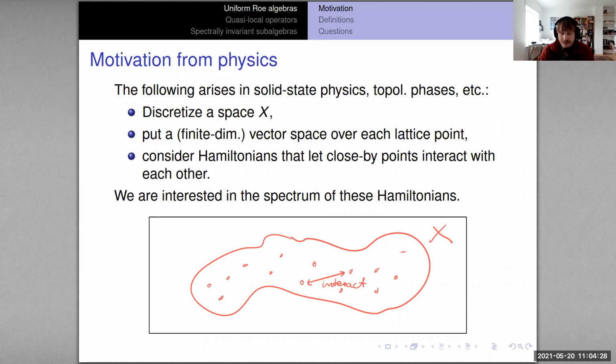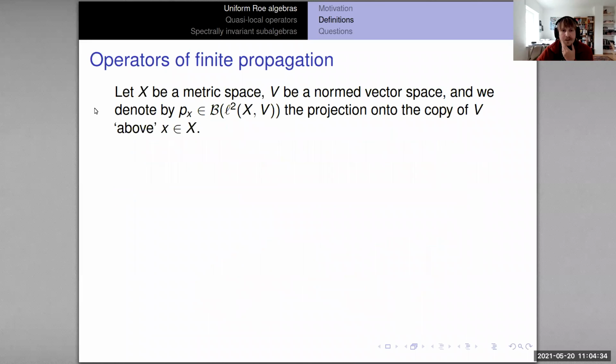So let us just put this together into a definition. So we have a metric space X, and we have this normed vector space V, which we will put above each point of X. And let me denote by P_x the projection onto the copy of this vector space V, which is sitting above the point x.